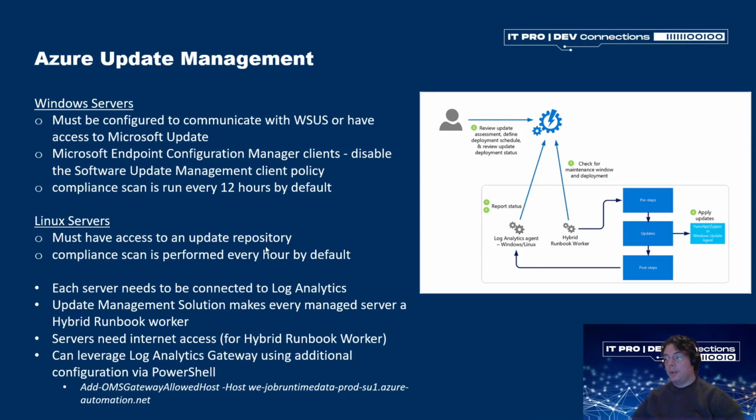Each server needs to be connected to a Log Analytics workspace, and this means that the Log Analytics agent is present and the service configures it as a hybrid runbook worker, meaning it can run scripts locally. For interconnectivity, we can leverage the Log Analytics gateway in order to provide this outgoing traffic to the configured agents.